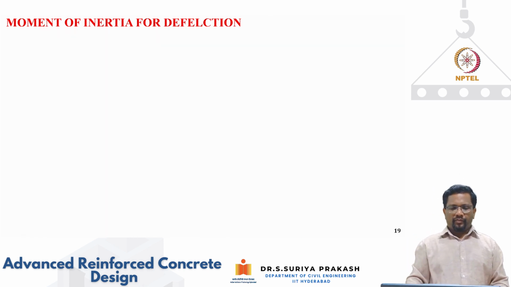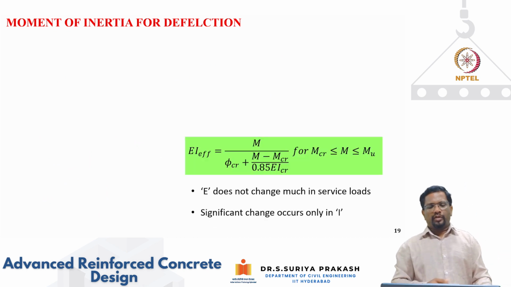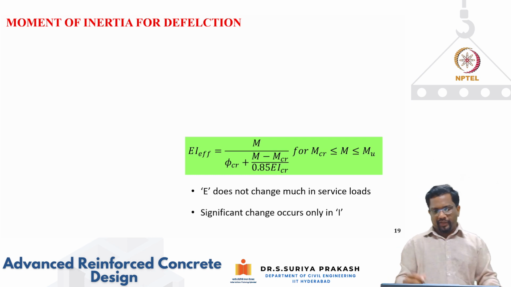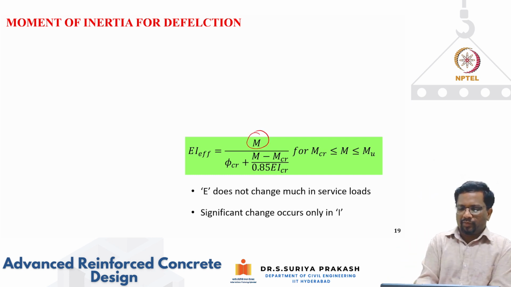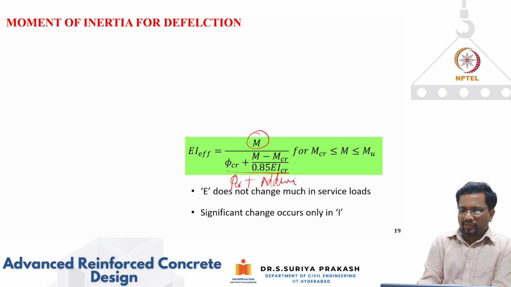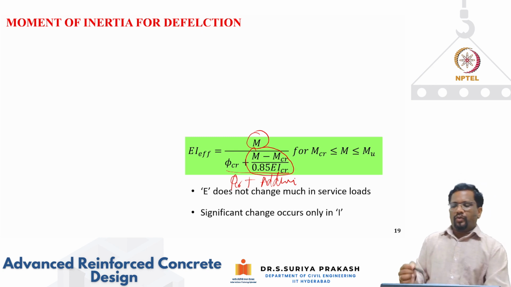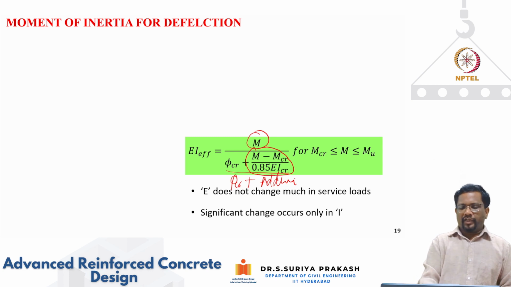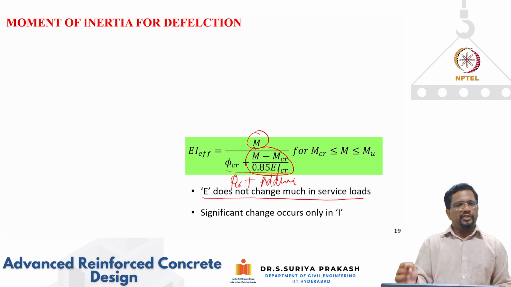So let's see how that moment of inertia is going. This is the equation that we derived, right? For any service moment, this is basically phi cracking plus that additional curvature, right? So that is what this is. Now, what the code is saying is, and we have said that E is not going to change much under service loads.